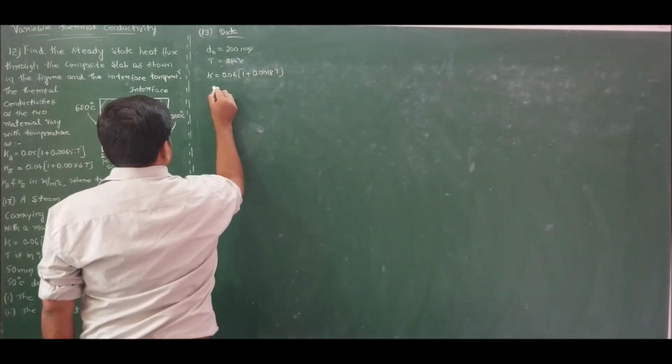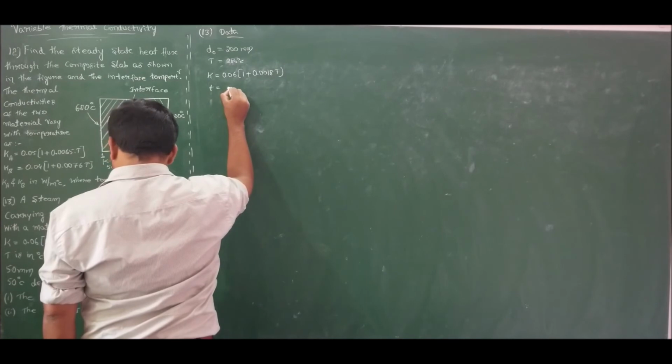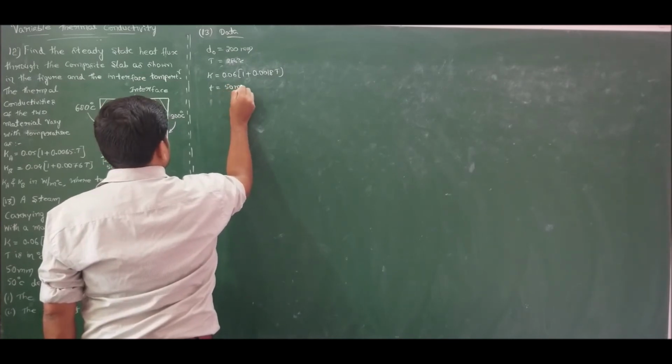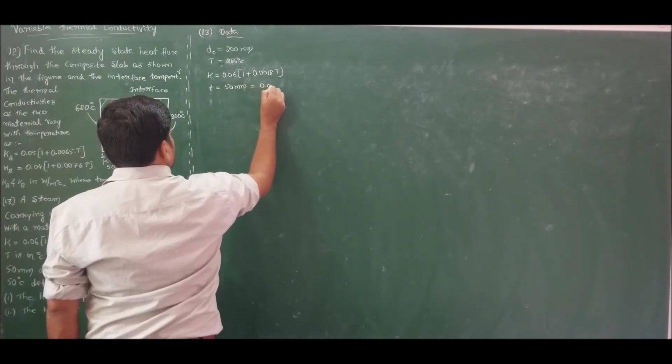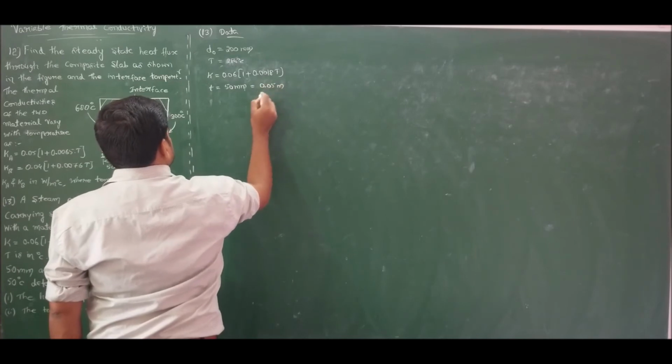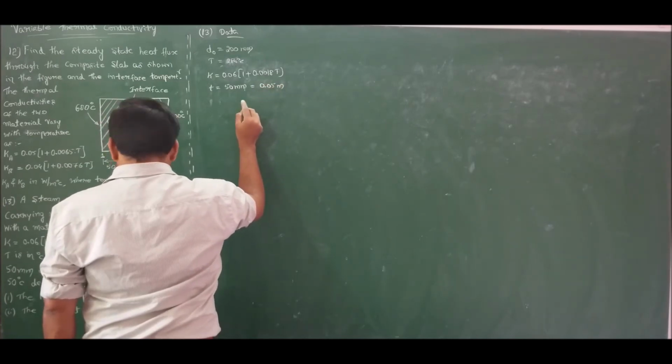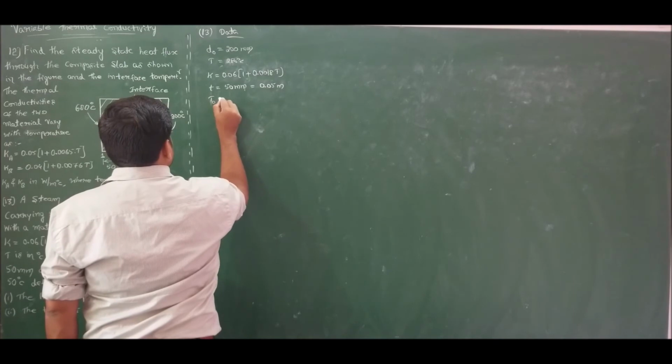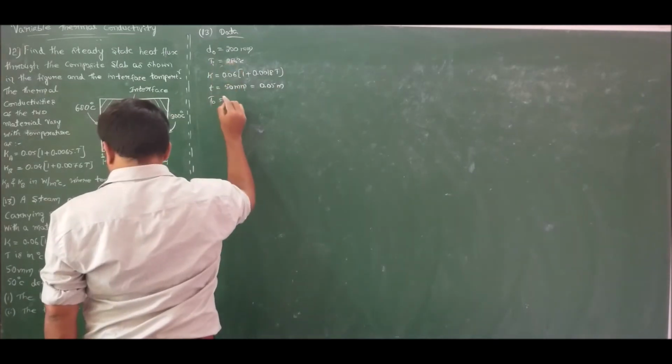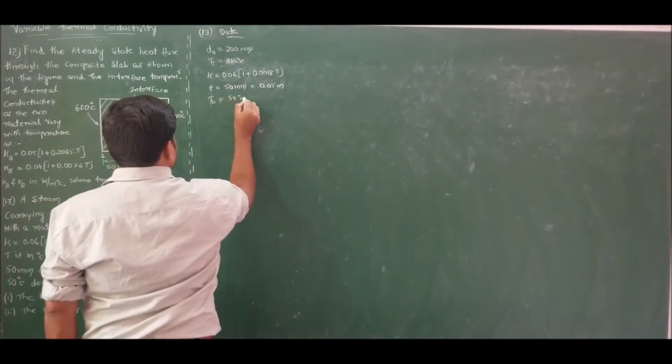The insulation thickness is specified, which is 50 millimeters, that is 0.05 meters, and the temperature at the outer surface, T naught, is also given, which is 50 degrees Celsius.